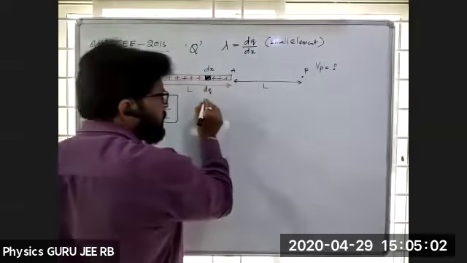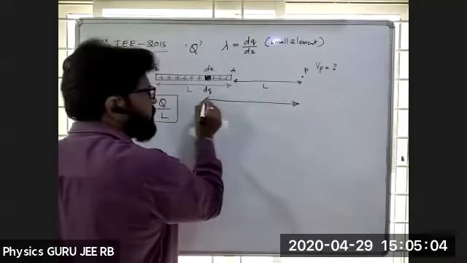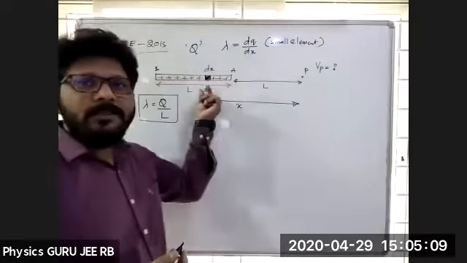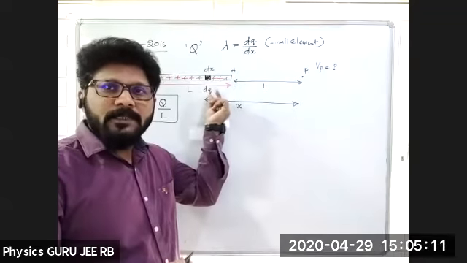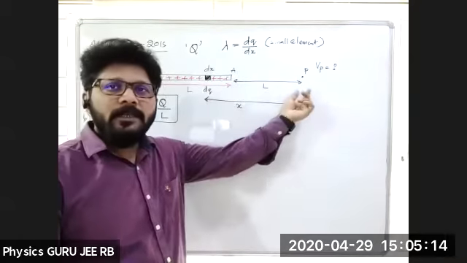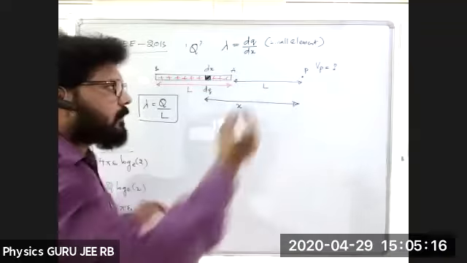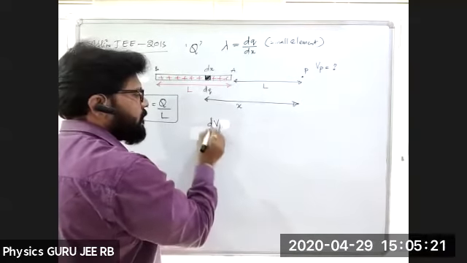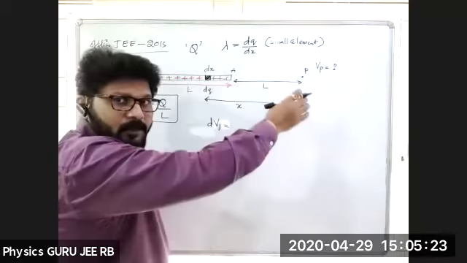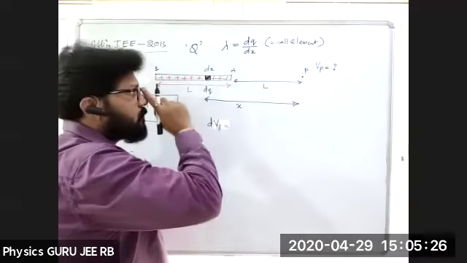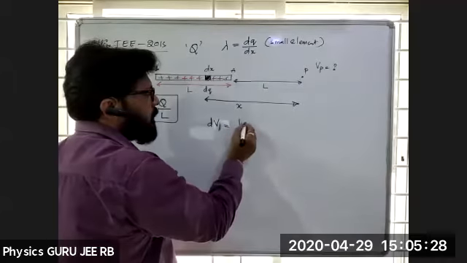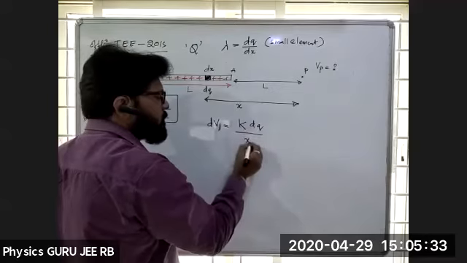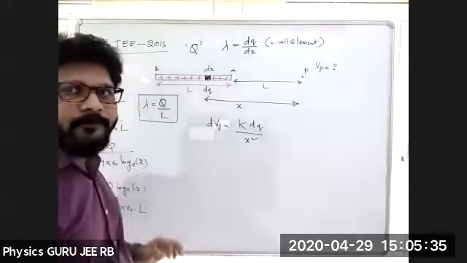Let me take this element at a distance of x. Now I can write, for this small element, the potential at that particular point. Small potential dV equals k into dq divided by the distance, x square. dq is a small elemental charge, and dx is the small length of the element of that rod.